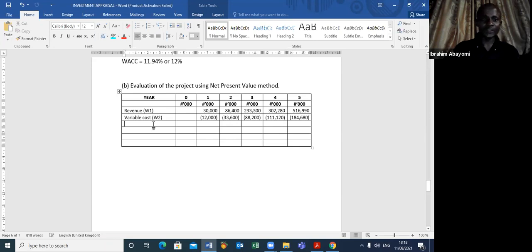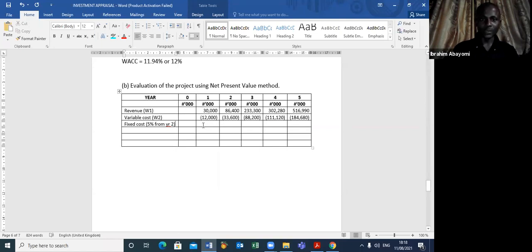So fixed cost. That one we increase by 5% from year 2. It will increase by 5% from year 2.